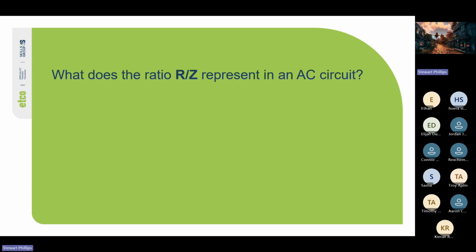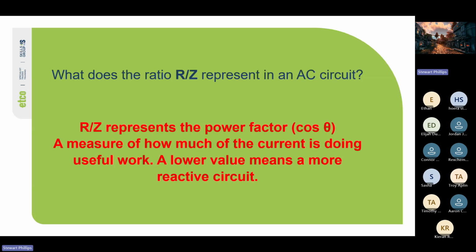Yes, so it is the resistance divided by the impedance, and this represents the power factor or cosine theta. It's a measure of how much the current is doing useful work. So a lower value means a more reactive circuit. So we're using more power to overcome that reactive nature in the circuit.